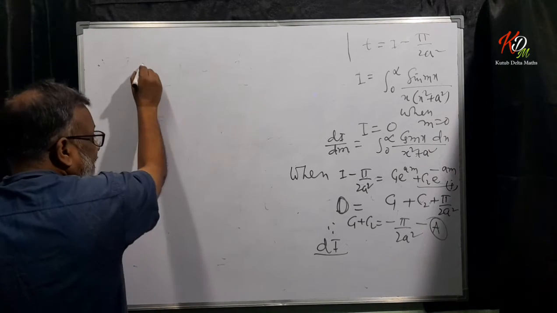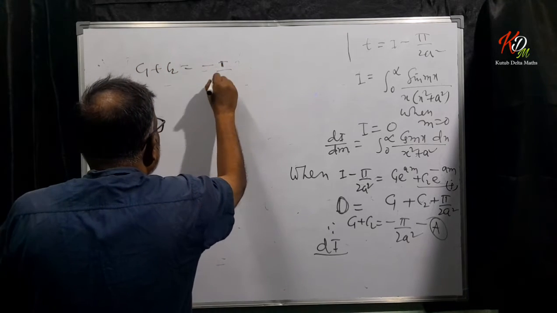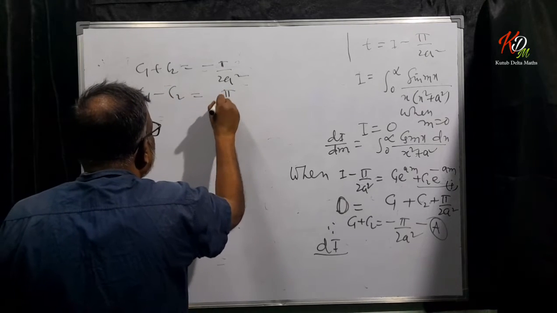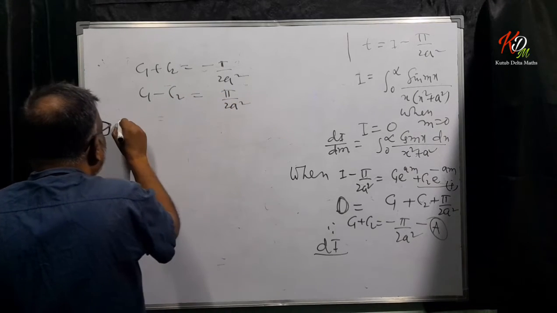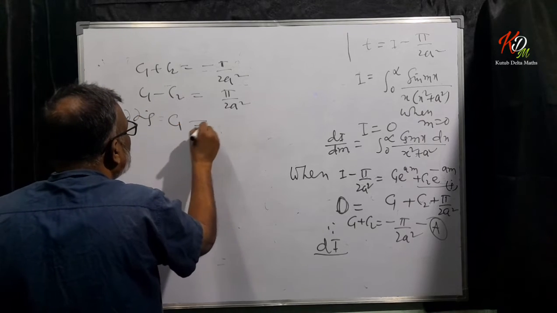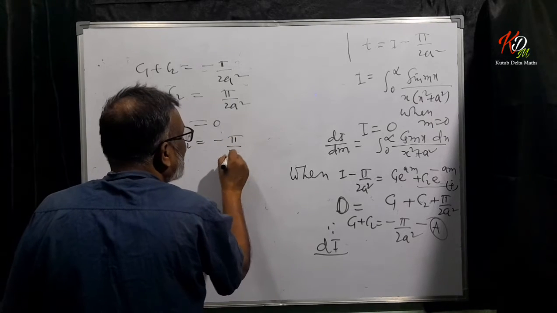Now c1 plus c2 equals minus pi by 2a square, and c1 minus c2 equals pi by 2a square. Adding, c1 equals 0 and c2 equals minus pi by 2a square.